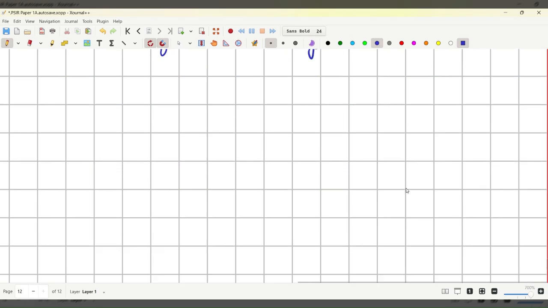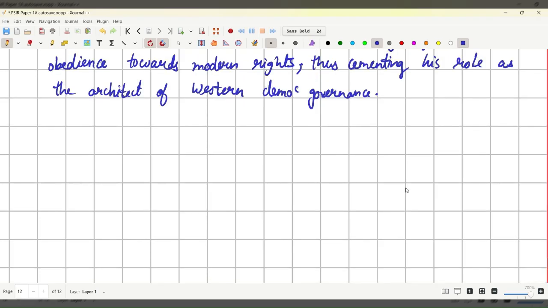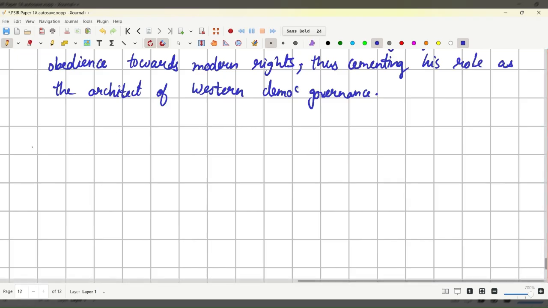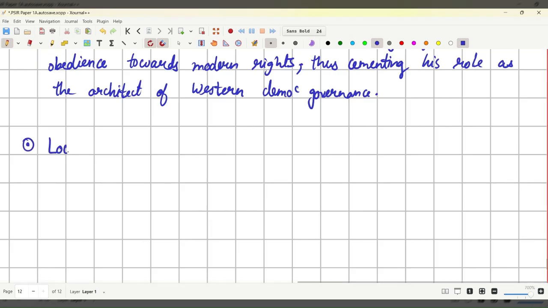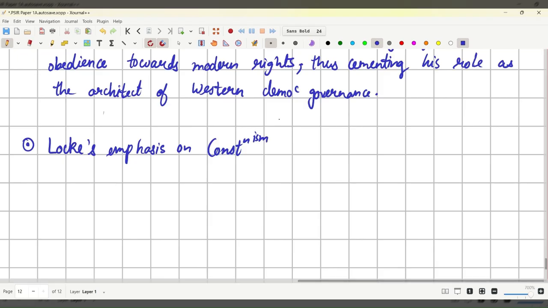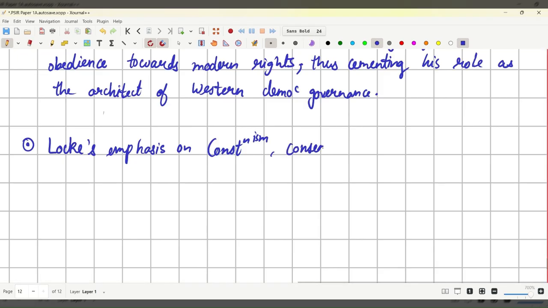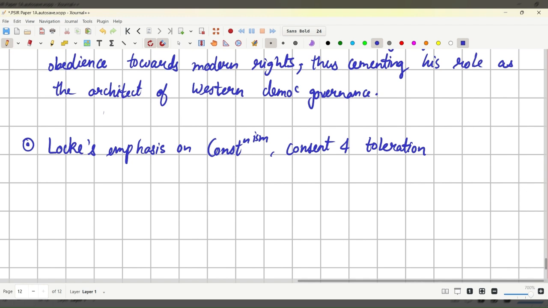For example, Locke's emphasis on constitutionalism, consent and toleration is basically the foundation of modern political theory.